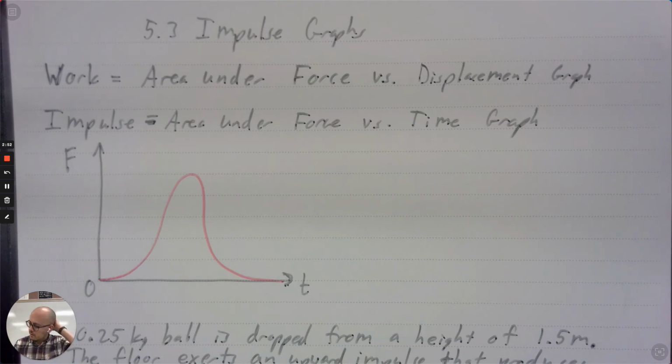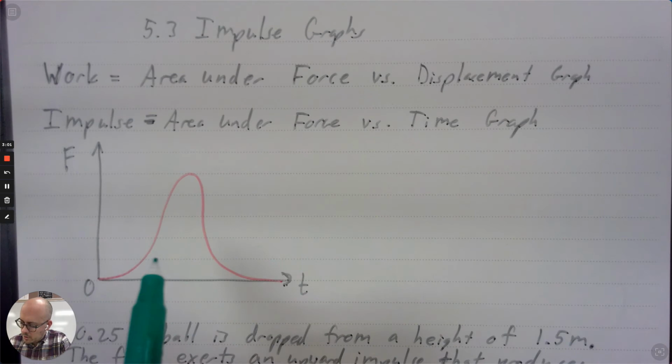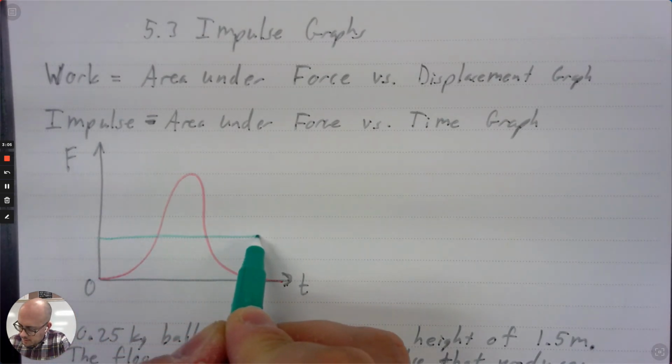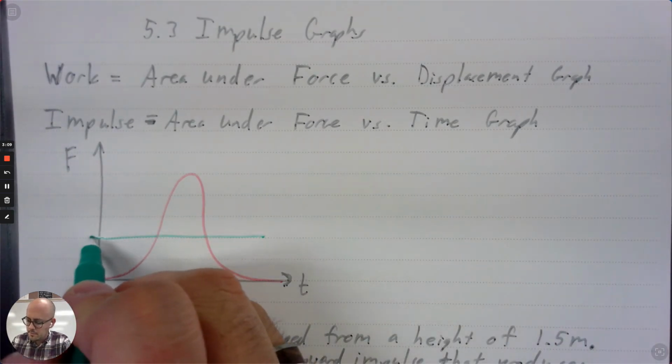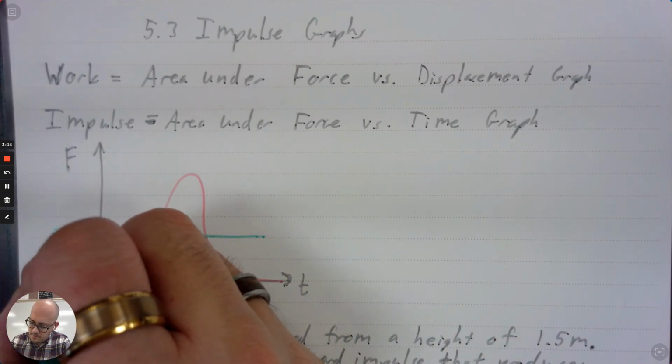Now, in our world, we don't deal with curvy graphs and areas under the curve because that's the job of calculus. This being an algebra-based class, we don't do that. What we do is understand that when we look at graphs, they're going to have geometric shapes, so straight lines. And also we understand that there is some average force.